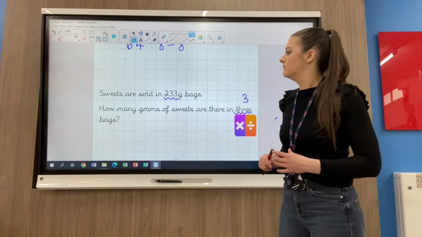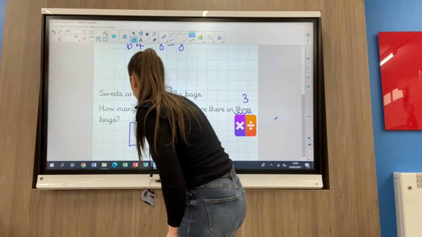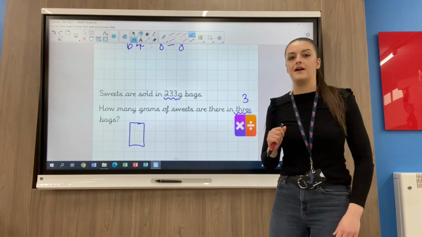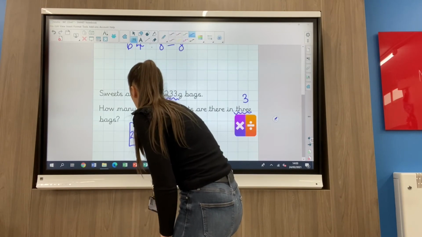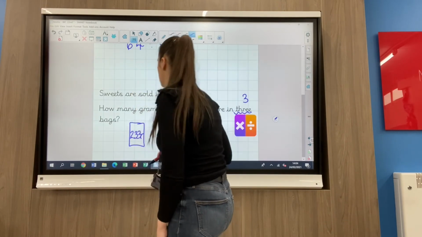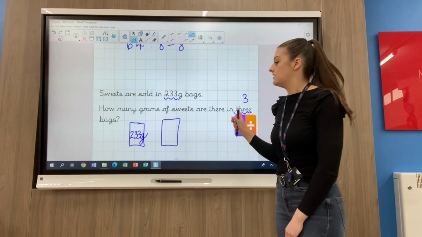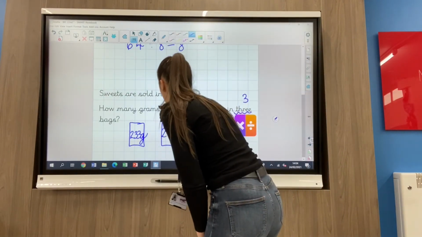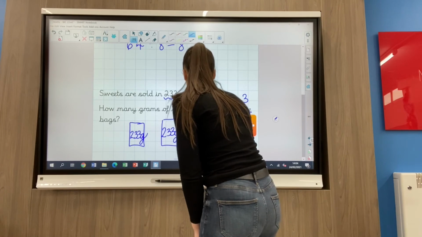Well, with this one, we can do a repeated addition if we wanted to. So if I drew this for a bag of sweets, I'm sure you can draw a better bag of sweets than mine. This bag, we know, weighs 233 grams. Now it wants 3 bags of sweets, so I'm going to draw another one, and we know that's got to be worth 233 grams. And then the last one is going to be worth the same.